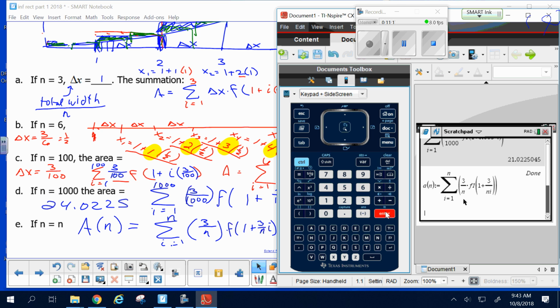Okay, it says cool, I defined that function. Are you with me?